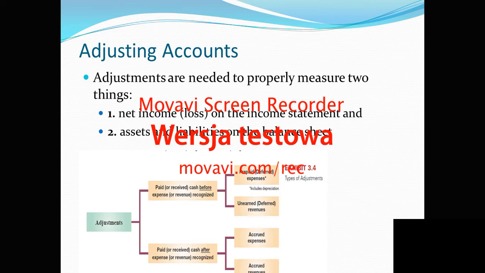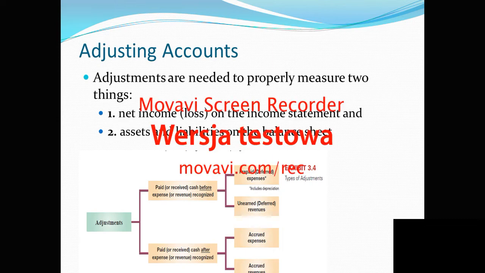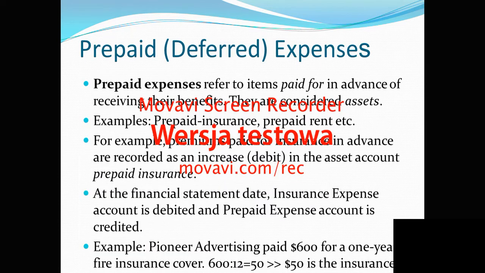If something is paid before it's been recognized, we have prepaid expenses and unearned revenues, and if something happened after expense or revenue recognized, we have accrued expenses and accrued revenues. We'll see more what they are in the forthcoming slides.